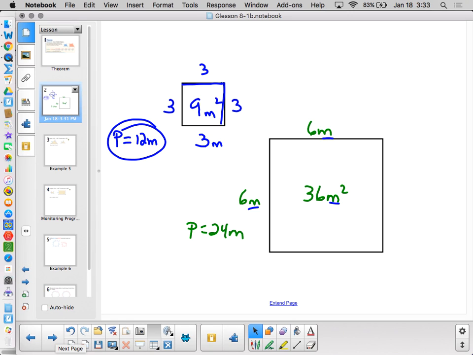And so I've changed my units, which means my scale factor also has to change by that same rate. So even though the ratio is meters to meters for lengths, the ratio for this is meters squared to meters squared.